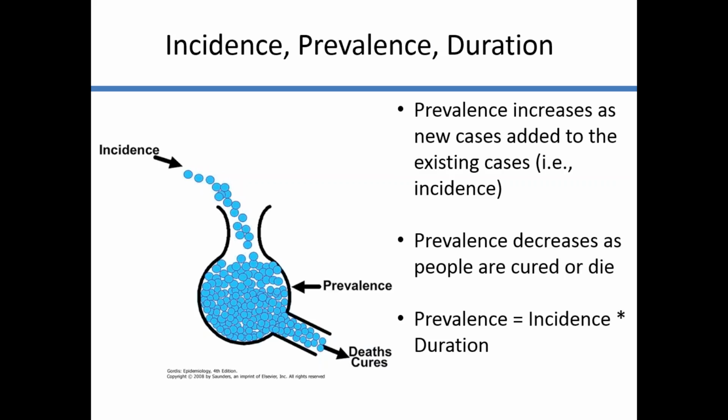They were new cases at one point. So that's your input. Your output is whether people are cured or whether they die from the disease. Whether they're cured or whether they die from the disease, they're no longer in the population. So the prevalence is a product of incidence and duration, basically, how long you have the disease.